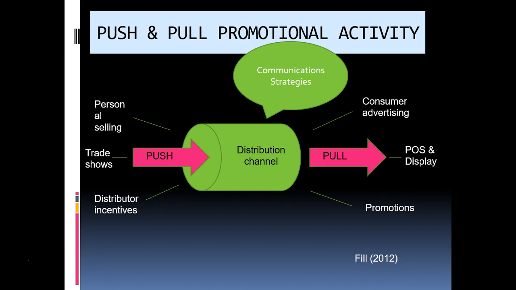The pull element of that would be if that brand also did some TV advertising or something on social media, where, not using any of the intermediaries in the channel, they go direct to the end consumer. So in a really traditional fashion, this is very much based around manufacturer and consumer contexts. And that's probably the easiest way to explain that.